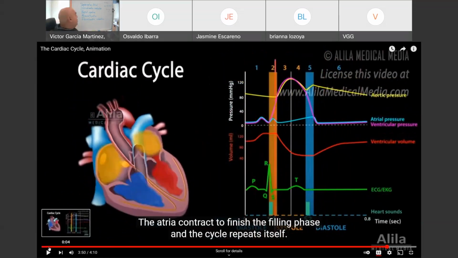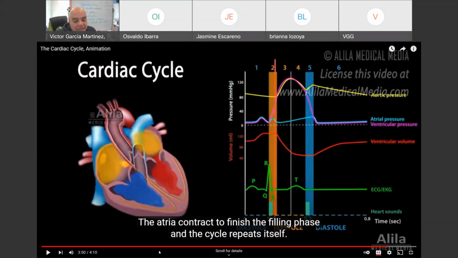Then the last phase is the filling of the ventricle, and this filling is passive, without contraction. This filling is about 60 to 70% of the volume of the ventricles. And we're going to end, again, with the cycle, with the depolarization of the atria.